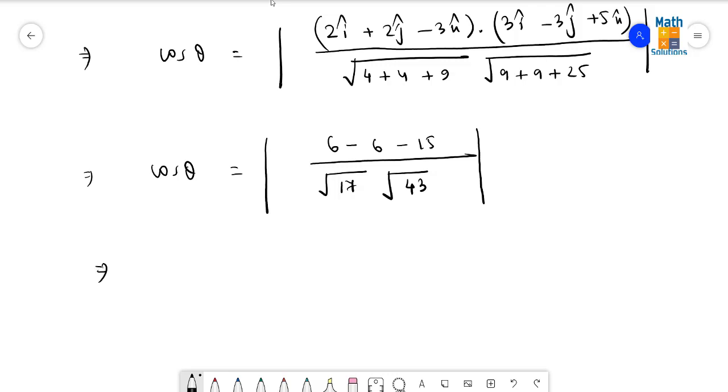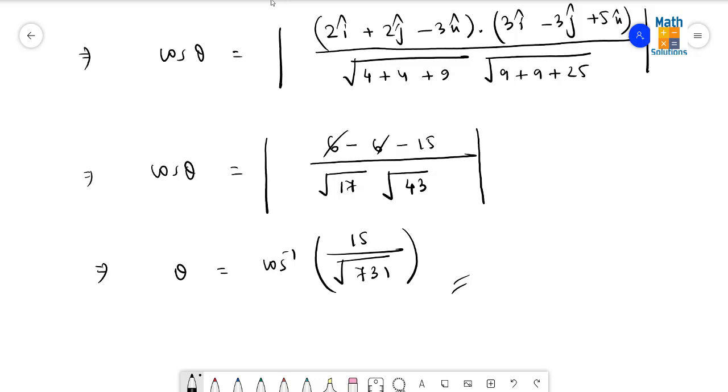So ultimately we shall get theta is equal to cos inverse of 15 by root of the product of 17 and 43, which is 731. So this is the required answer.